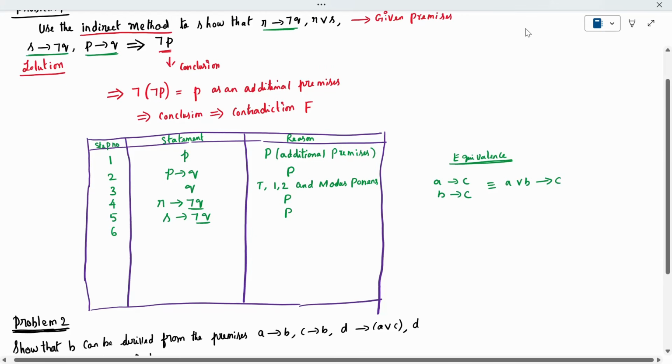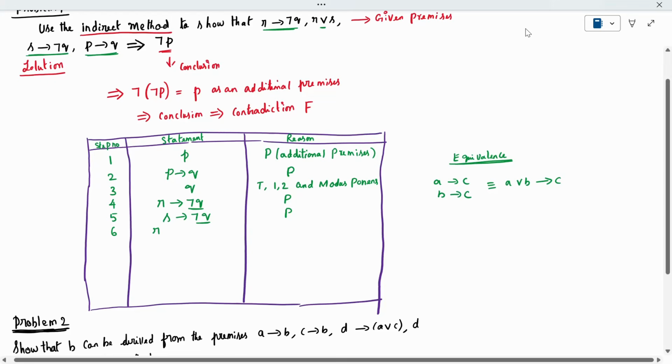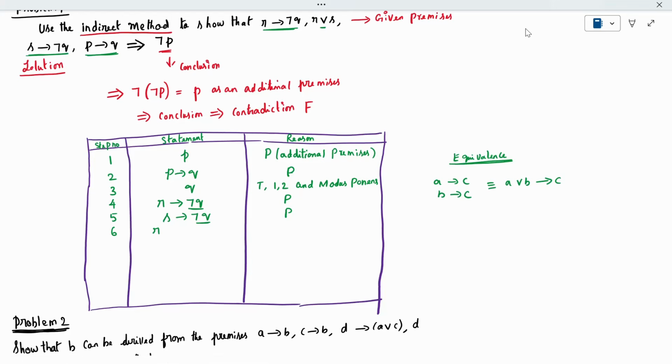So now I will write R. The reason I am writing a disjunction: in the question we have a disjunction. Check your given premises also; according to that we need to apply it.